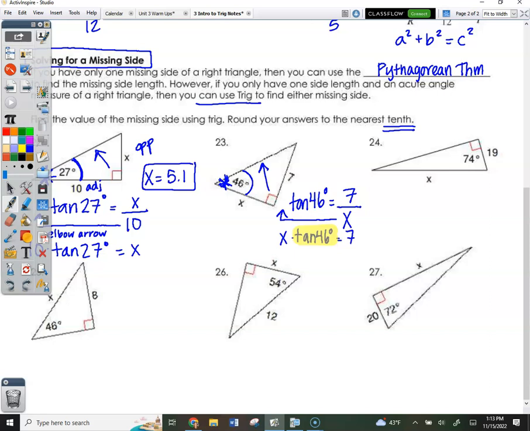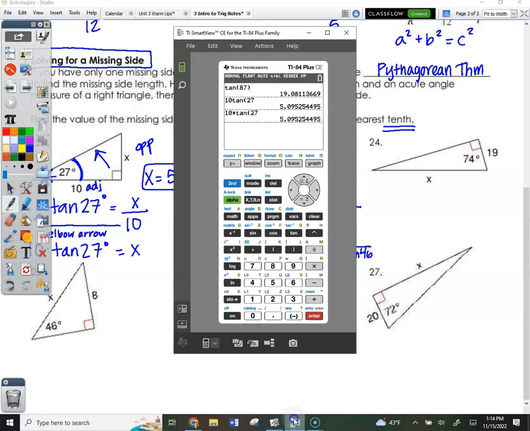If you will show this right here, and you know to yourself that this is going to move by division, write it on both sides. That will cancel. That's what you type in your calculator right there, because x is now by itself. You're going to type 7 divide tan 46.